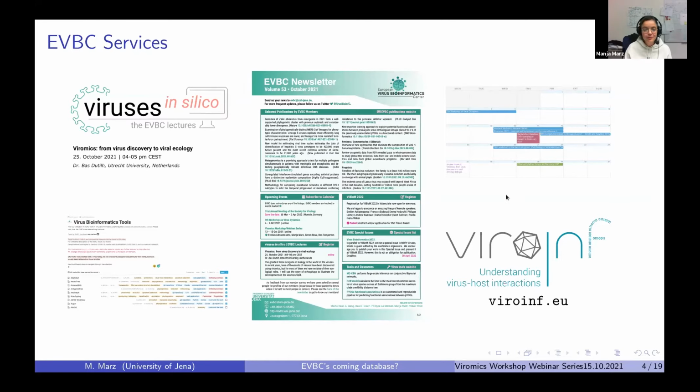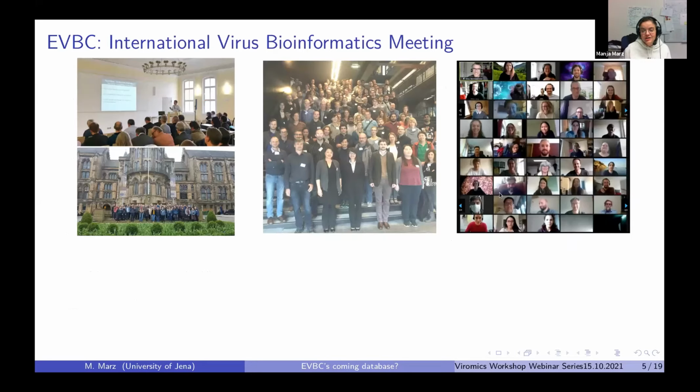And you can become a member if you want. It costs nothing, and hopefully you profit from all these services. Additionally, once per year, we have the International Virus Bioinformatics meeting. Here you see one picture from Glasgow with this nice building, from Utrecht, and the last one was actually online. It's a kind of family coming together.